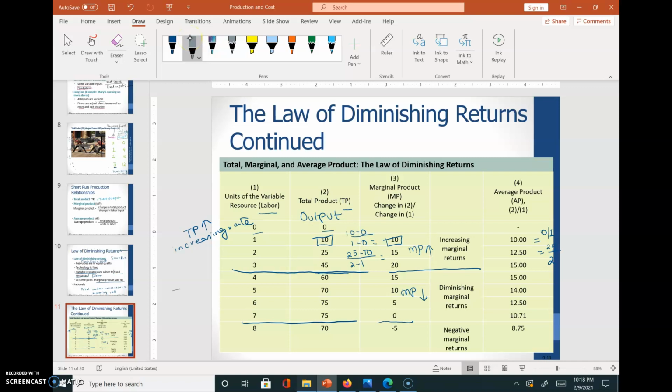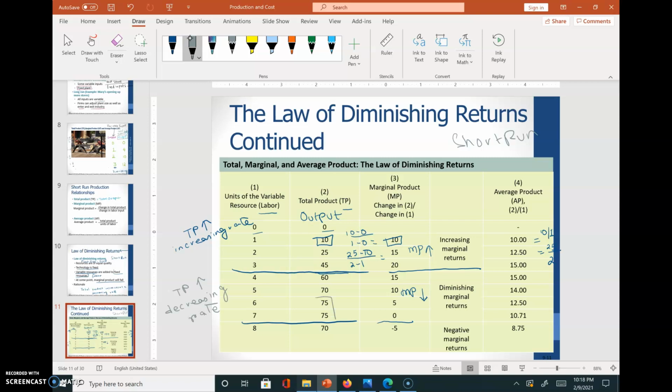Now here the total product is increasing but at a decreasing rate. Keep in mind we are in the short run where capital is fixed and labor is the only variable input in the production process, and marginal product is going down here.